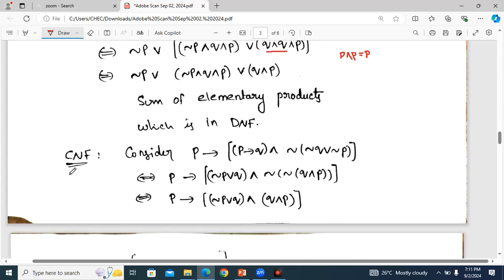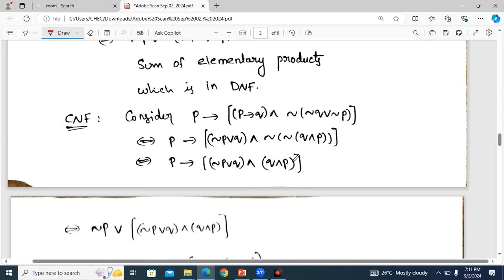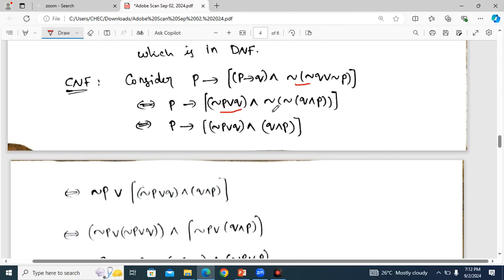So next one, CNF, conjunctive normal form. Now we express the given compound proposition as a product of elementary sums. Here also we first eliminate implications. In this given statement we have implications. Implications are replaced by the equivalent formula negation P or Q, and now we apply De Morgan's law and the double negation law.